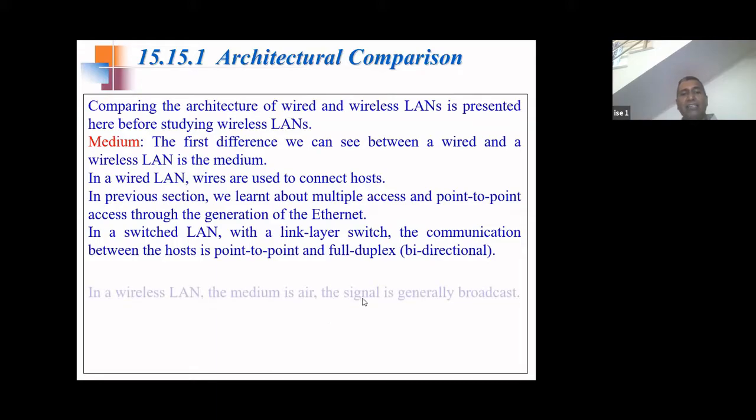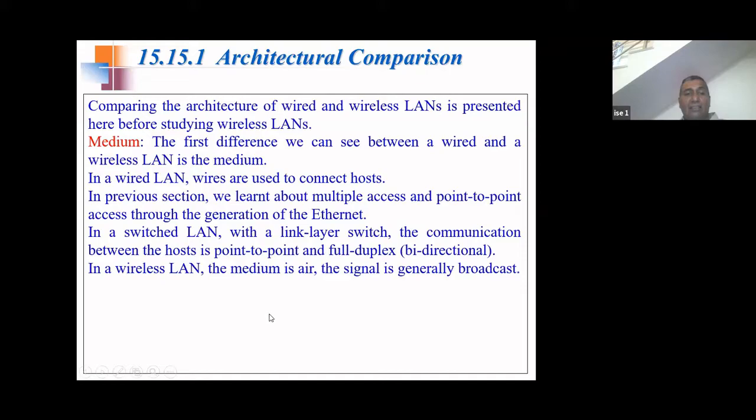But in a wireless LAN, the medium is air, and the signal is generally broadcast.